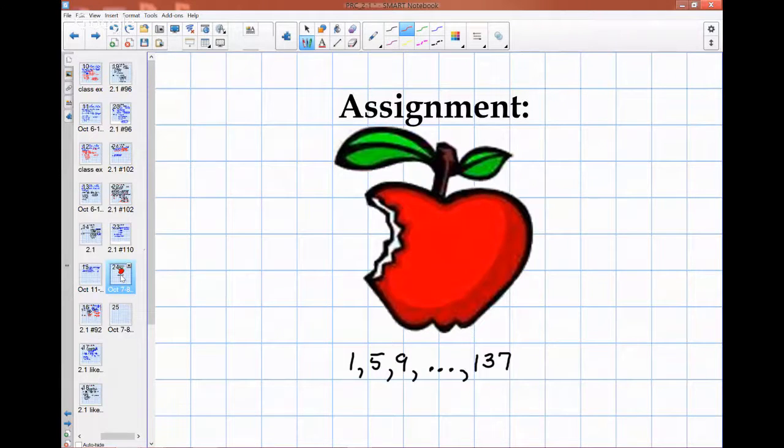Instead of 137, let's just make it 103. Quite a bit. Okay, so I am changing the assignment to be a smaller number. Don't go past 103. I don't know if 103 is in every other odd, but don't go past that.